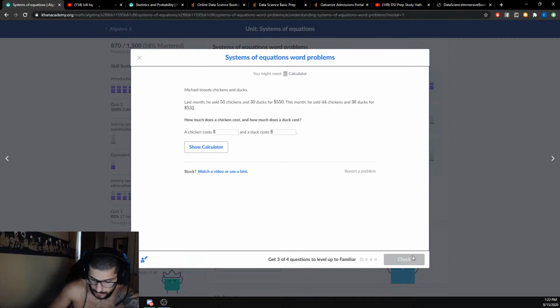Subtract that. So it's going to be negative 48y equals 240.